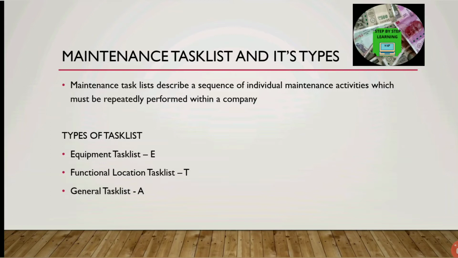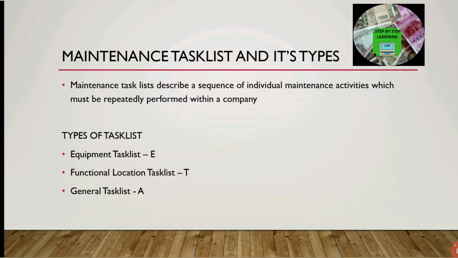The maintenance plan is usually created with reference to one equipment or one functional location, and it is linked to the respective task list. So it is a better idea to create one general task list for similar multiple equipments, and assign it to the equipment in the maintenance plan instead of creating 10 different equipment task lists.